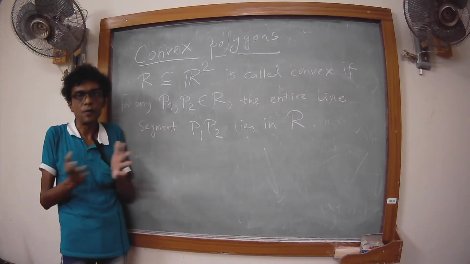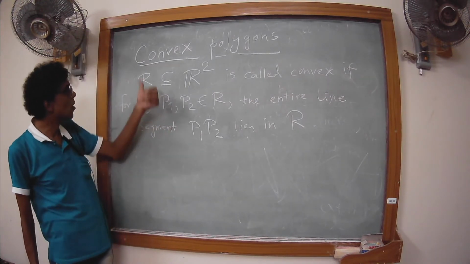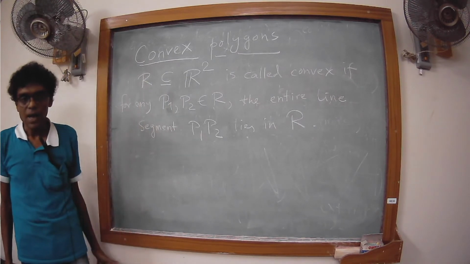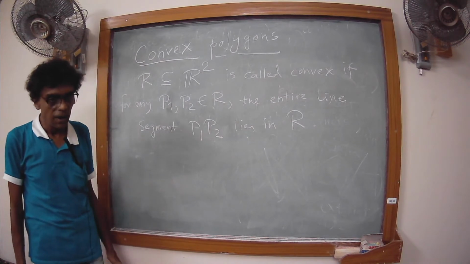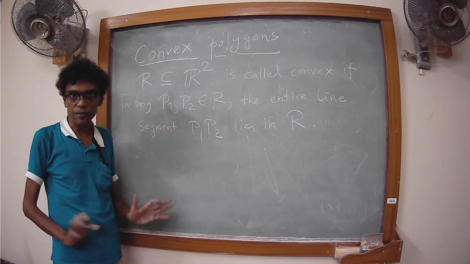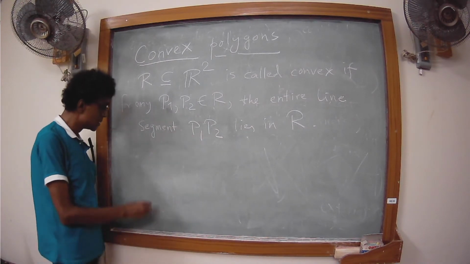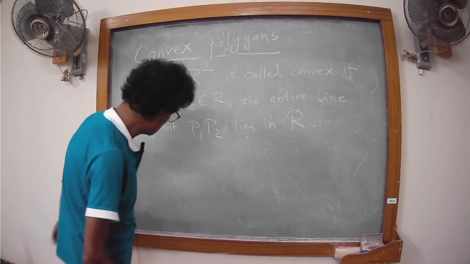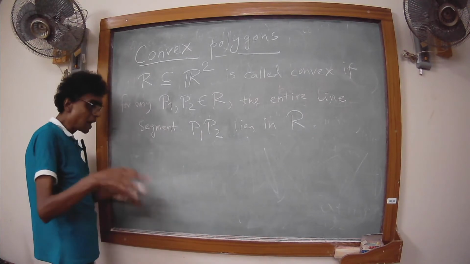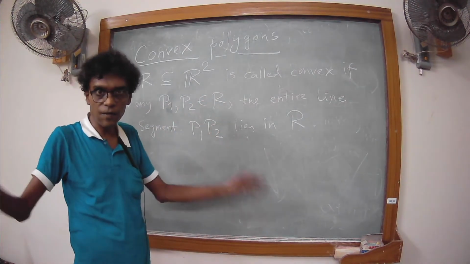For all these values of t, I will get different points, they will all belong to R. And a polygon is called convex if its interior is a convex region. Okay. Interior plus you may also consider its boundary. Okay. So everything outside its exterior, that is a convex region.